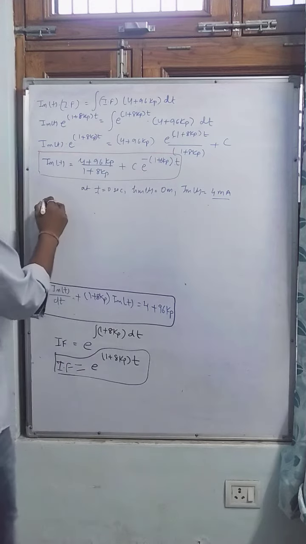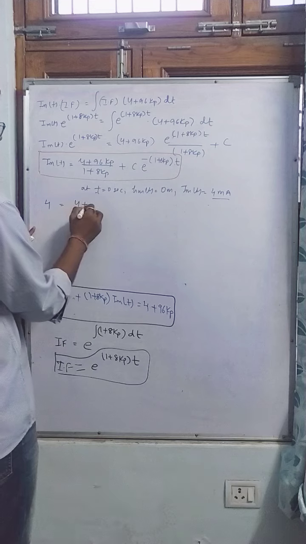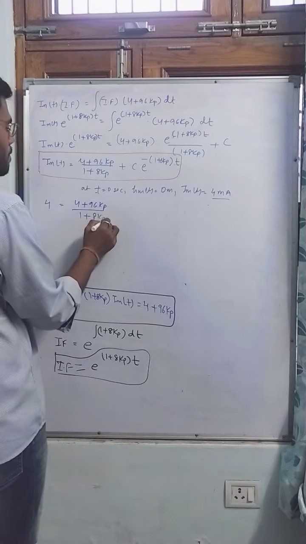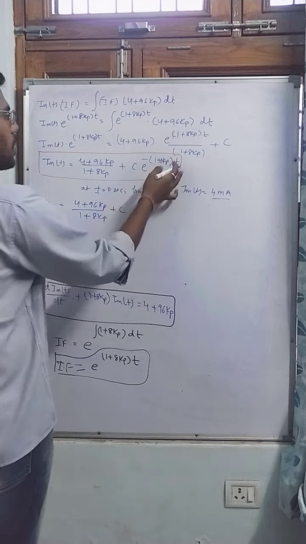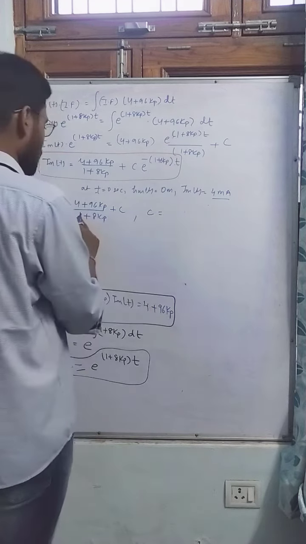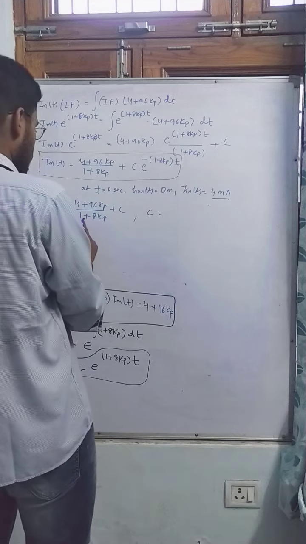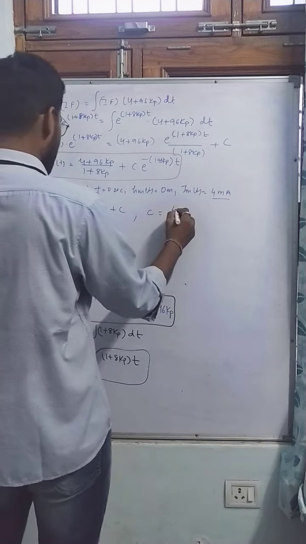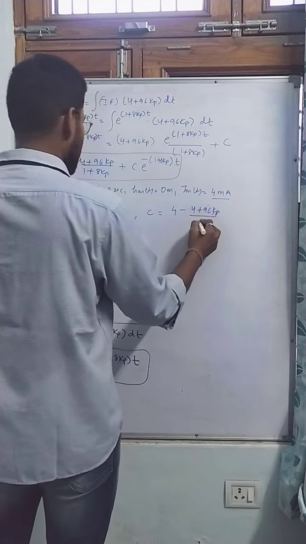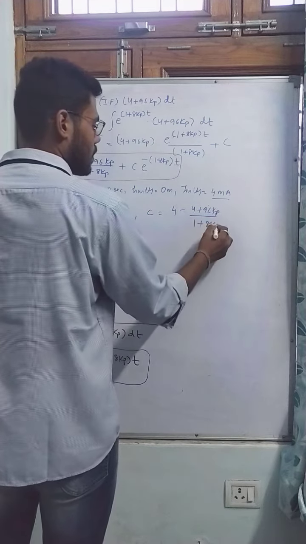Now put these things. 4 equal to 4 plus 96 kp by 1 plus 8 kp plus c into e to the power 0, which is 1. So solve it for c. You will get 4 minus 4 plus 96 kp by 1 plus 8 kp.